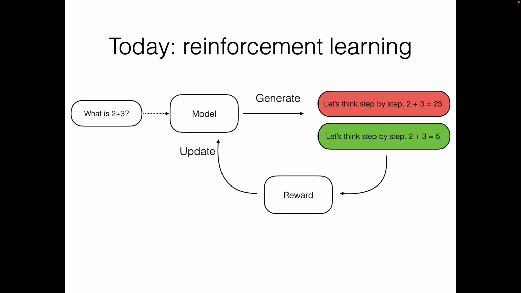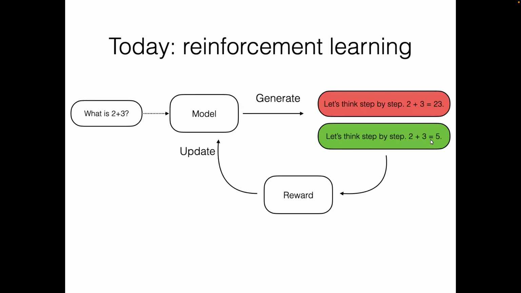So today we're going to talk about a framework called reinforcement learning. When we apply it to language models, which will mostly be in the next lecture, it will look something like this. First we'll generate with the model, and then we can evaluate the model's outputs with some reward function.